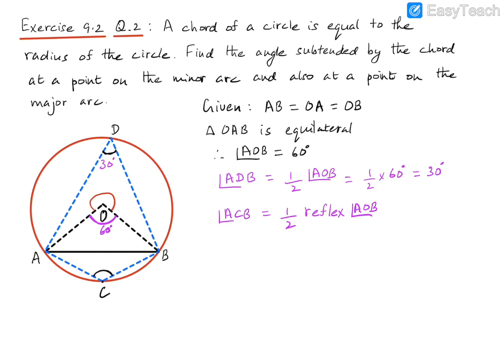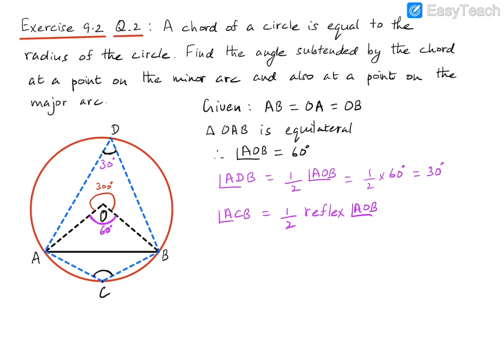Okay, so this angle over here is equal to 300 degrees. Because the sum of the entire angle in the circle should be 360, and since we already have 60 here, what is remaining will be 360 minus the 60, which is 300 degrees. So the angle subtended at the center by the chord AB in this direction is 300 degrees, that's basically the reflex angle AOB, and correspondingly the angle subtended by the chord AB at a point on the minor arc, which is angle ACB, will be half of the reflex angle AOB.